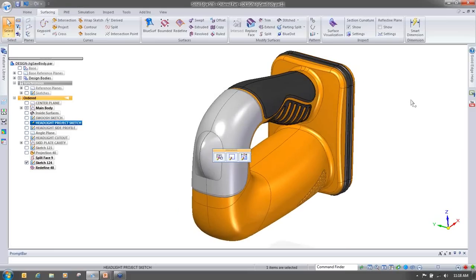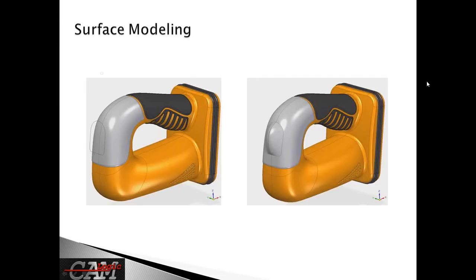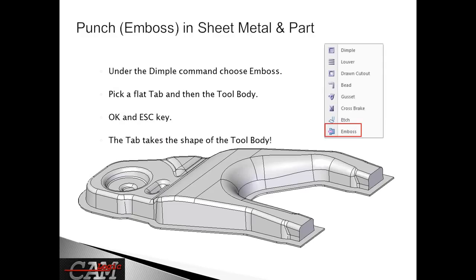There you go. That gives you some insight into some of the newer enhancements inside of surfacing. The next thing I'm going to show everybody is something that I think we as a user base have probably wanted for a really long time, and that's the emboss command in the sheet metal environment.